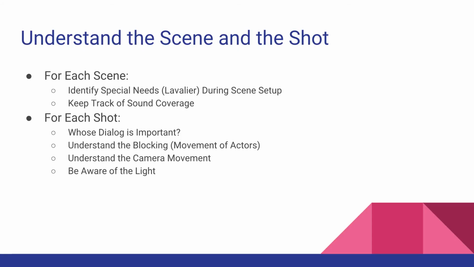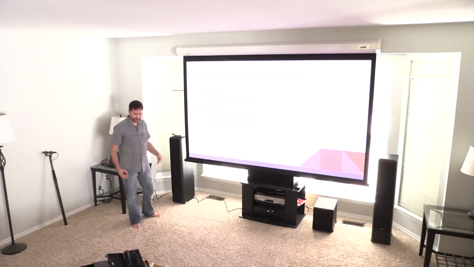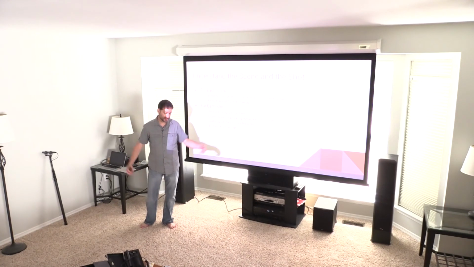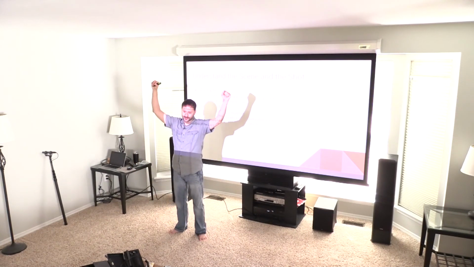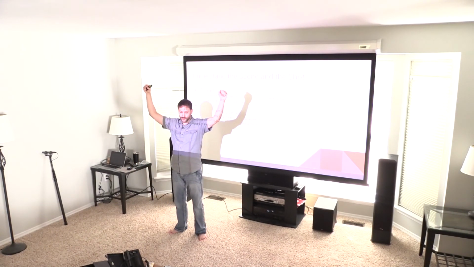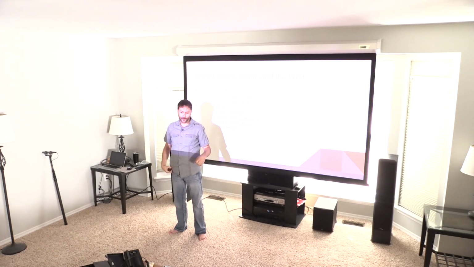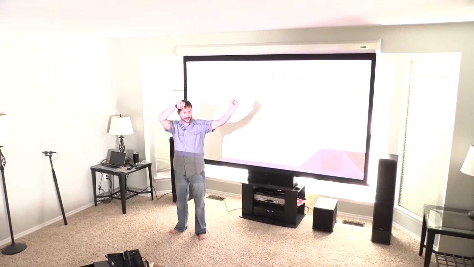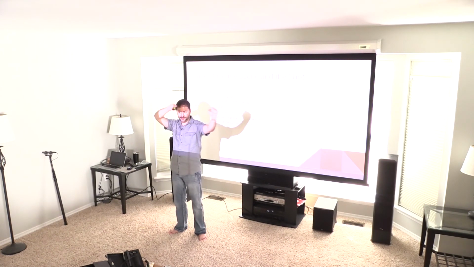Blocking. You've got to know how the actors are going to be moving in the scene, because I might just say, hey, this would be a great place for me to stand, and then they do the first take and someone wants to walk through you, or the camera turns and now you're in the shot, or the actor who's speaking dialogue is moving across the room and you've got to follow them, but depending on where you're standing, you may not be able to do that.